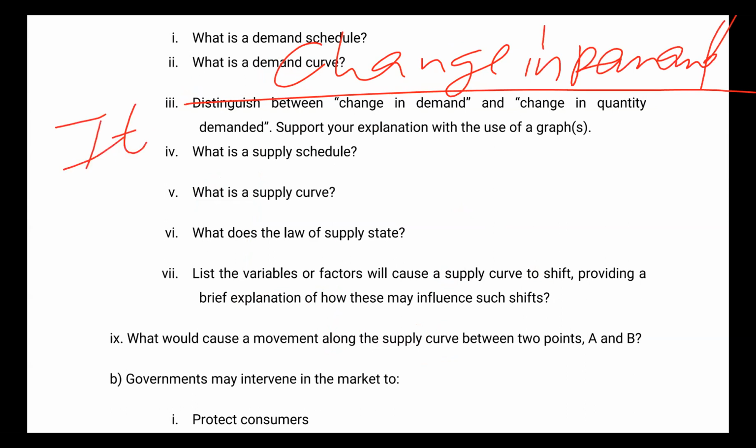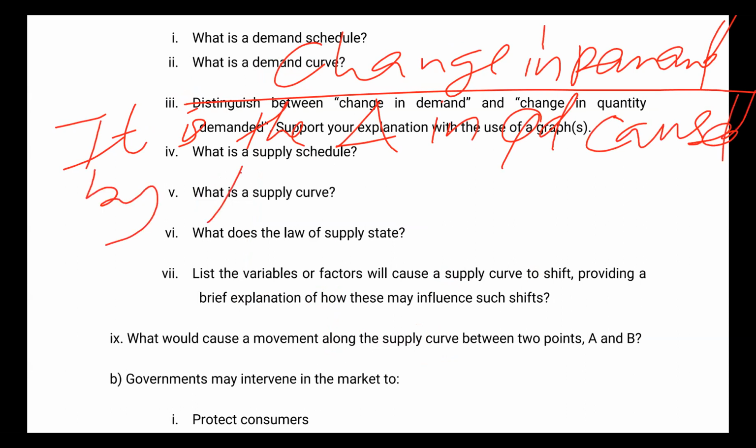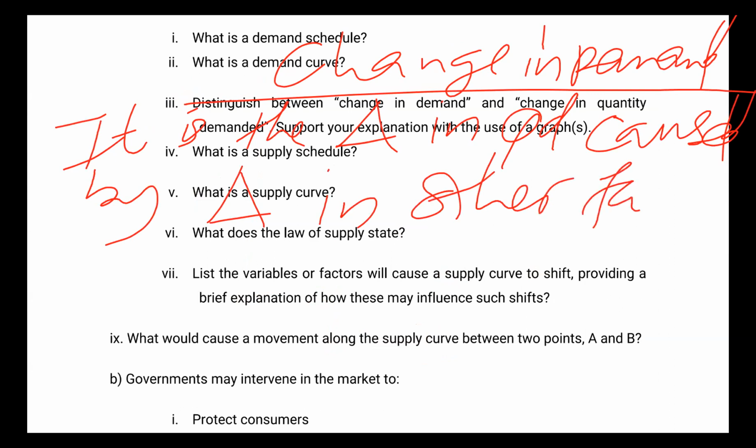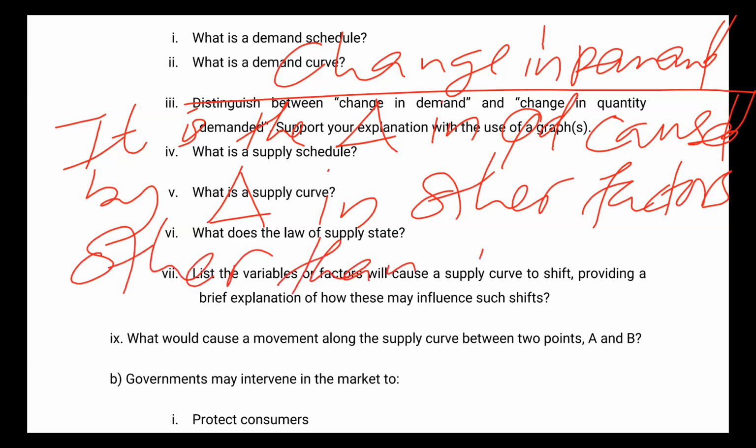It is the change in quantity demanded caused by change in other factors other than price, ceteris paribus. Is that clear? This triangle means change, right?